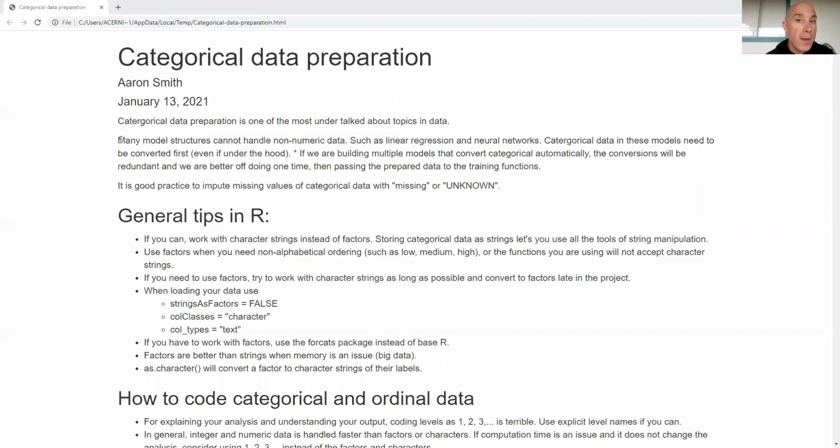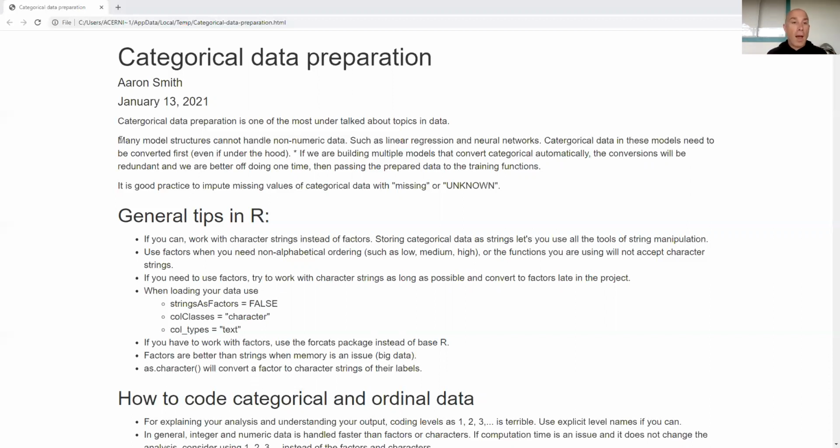But it's not doing what you think. What it does is convert that categorical data to a bunch of numeric columns, and then it runs linear regression on the numeric columns.